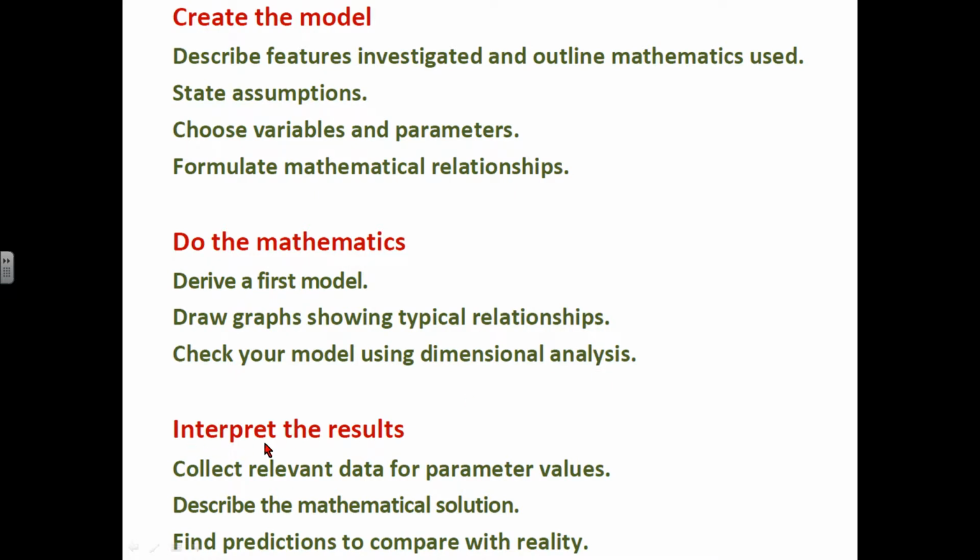In the interpret the results, you might be looking for 3 subheadings. So 1, which is related to collecting relevant data for parameter values. 1 which is describing the mathematical solution. And finally 1 which is talking about predictions, comparing with reality.